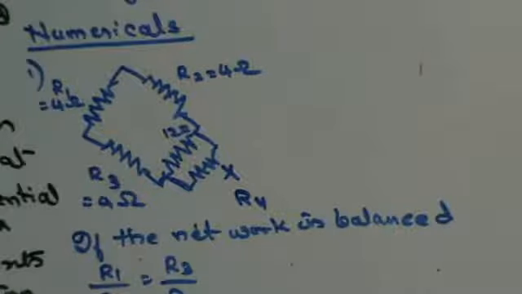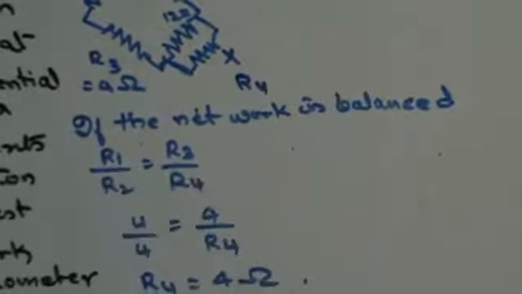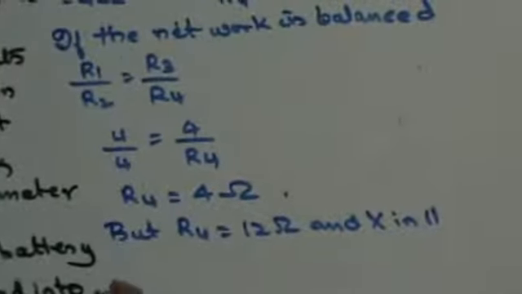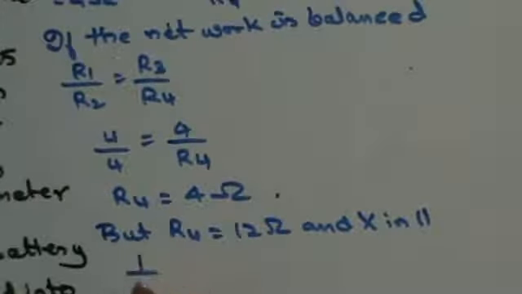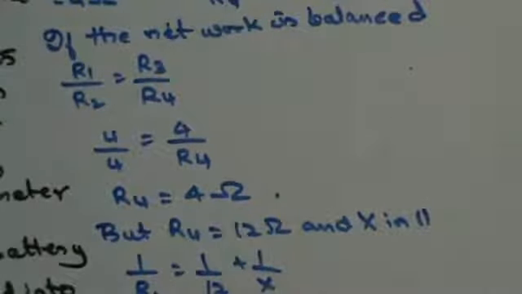In which case I'll get R4 is 4 ohms, but R4 is nothing but the 12 ohm and X in parallel. If they are in parallel, their equivalent resistance will be 1 upon R4 is 1 upon 12 plus 1 upon X. Now you can solve this and get the value of X. Fine, do we get this in here?